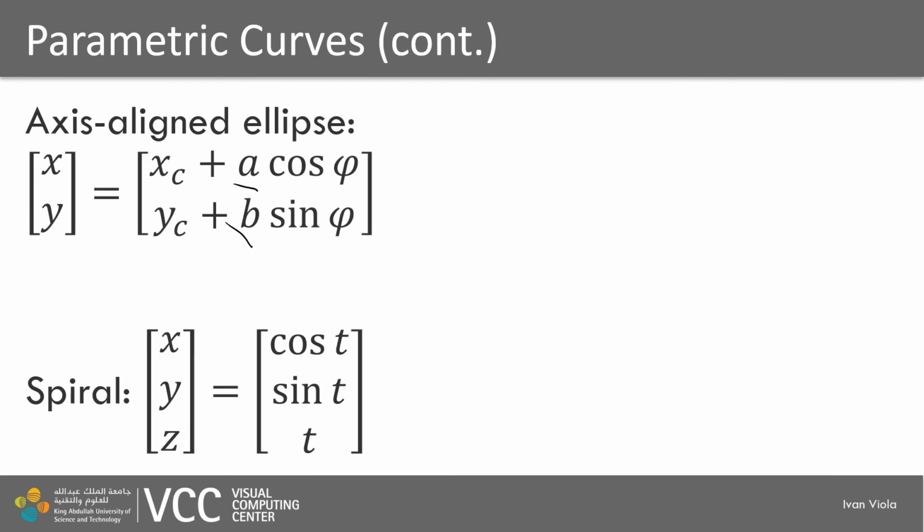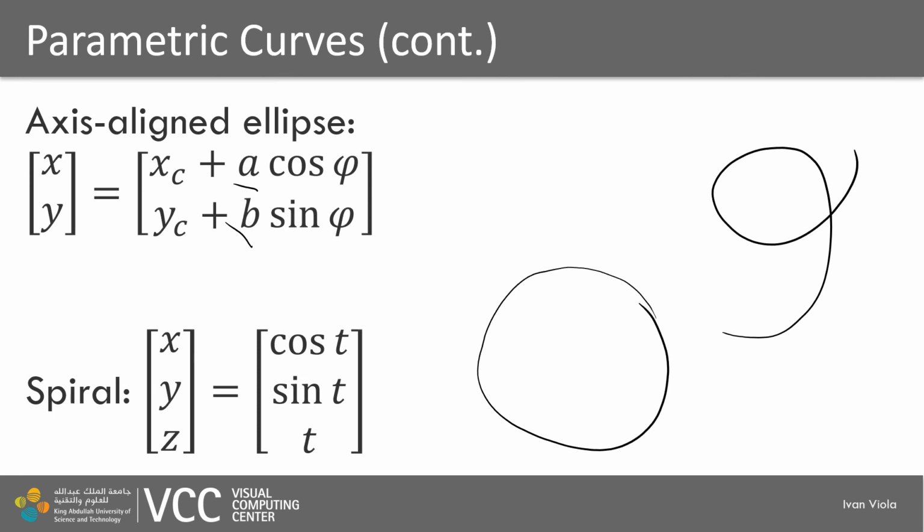So from minus pi to pi, instead of staying on the same plane, we will basically extrude this circle into something like a spiral with exactly one revolution if t is parameterized from minus pi to pi.